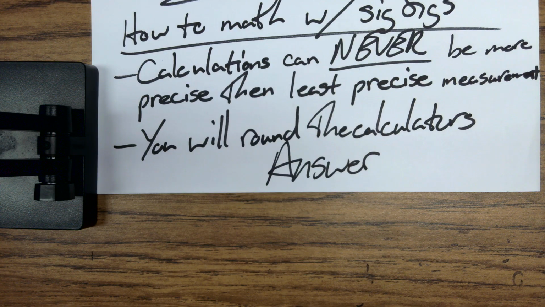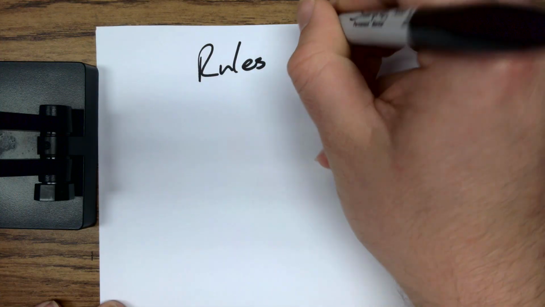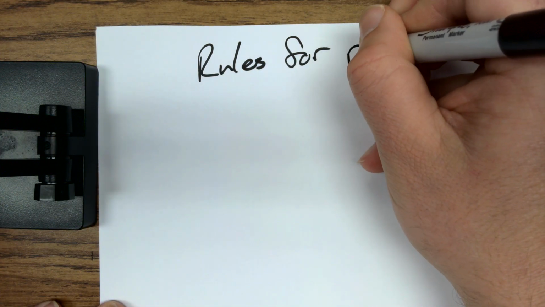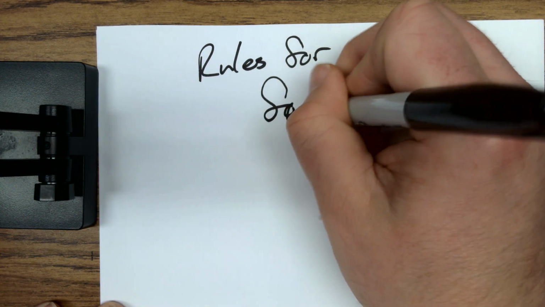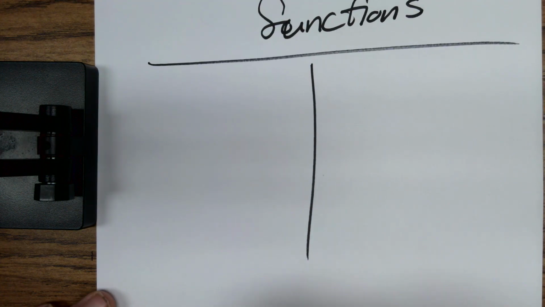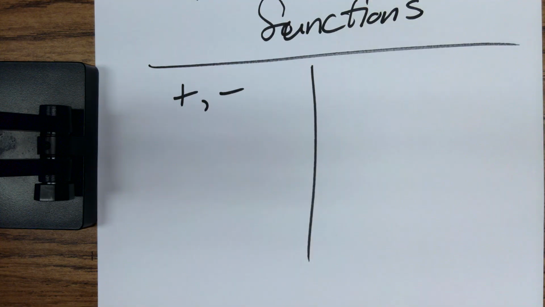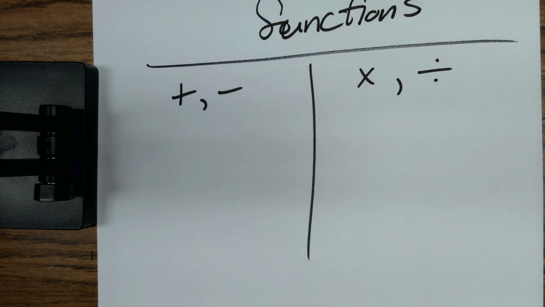So we have two rules when it comes to doing functions. And they're split up. Addition and subtraction will follow the same rule. Multiplication and division will follow the same rules.